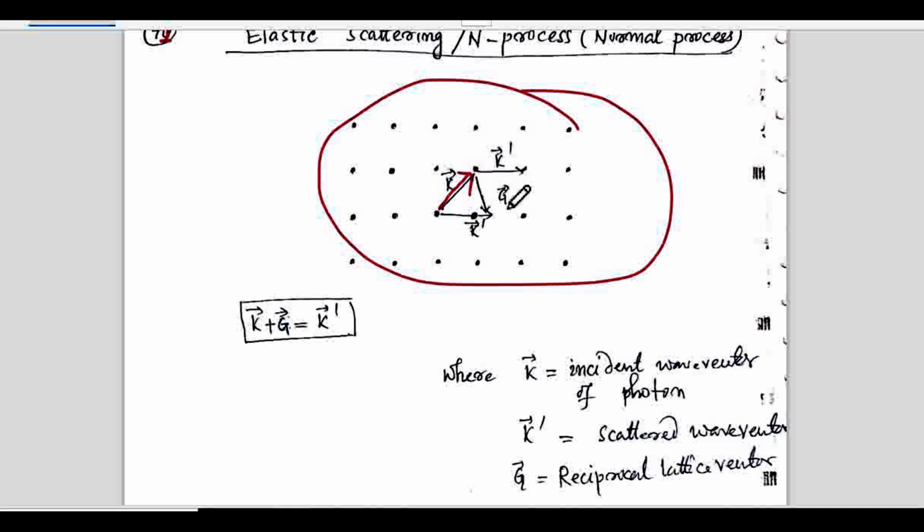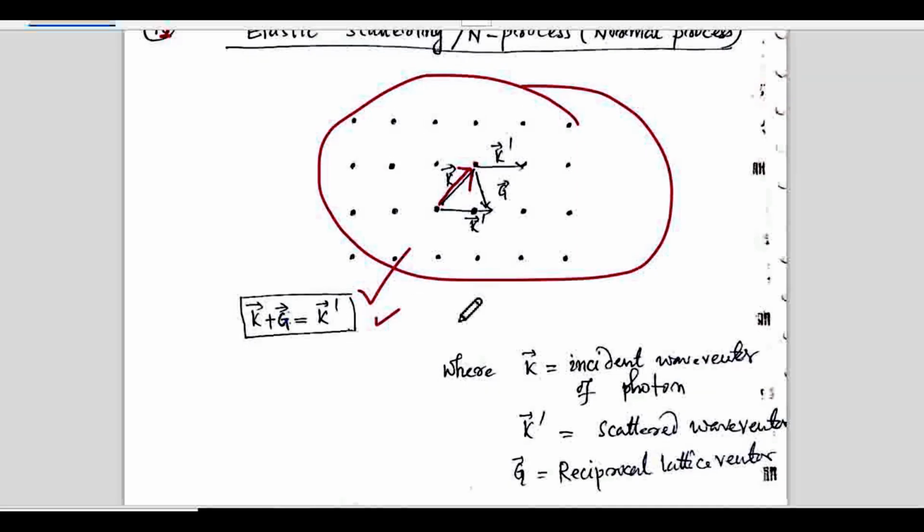Apply the vector addition formula, as you know from the 12th class, head to tail, and you will get k plus G equal to k dash. That means k incident plus reciprocal lattice vector G is equal to k dash, the wave vector for the scattered photon.